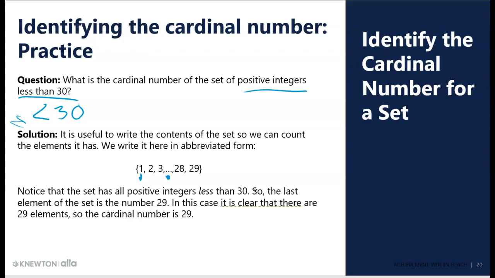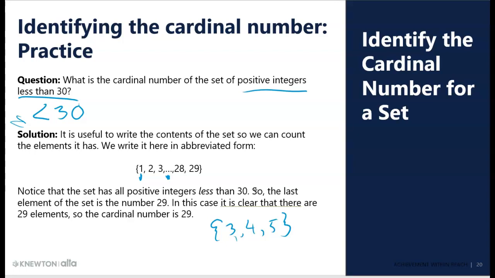You do have to be careful because if I have a set that goes 3, 4, 5, let me use that, and I say, what's the cardinality of this set? You would all say 3 because you're going to count them. But what happens when you do 5 minus 3? You only get 2.